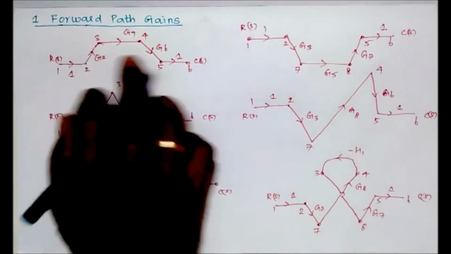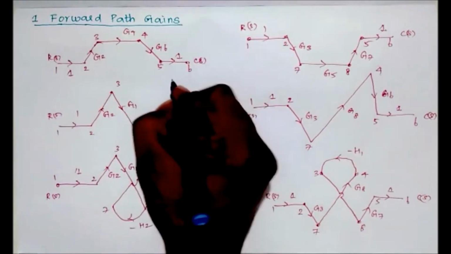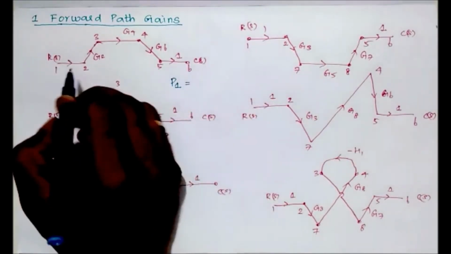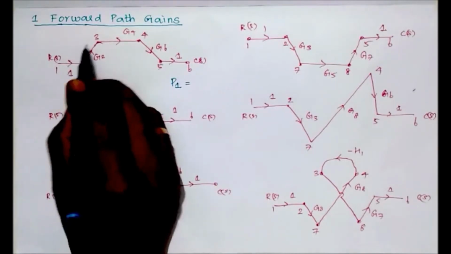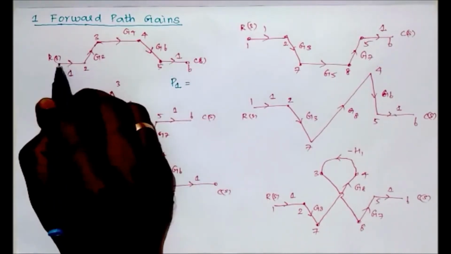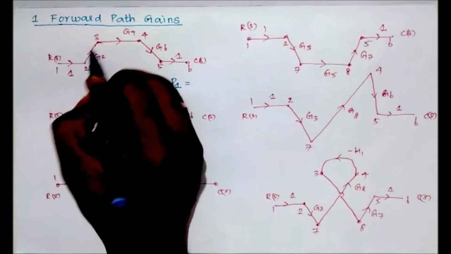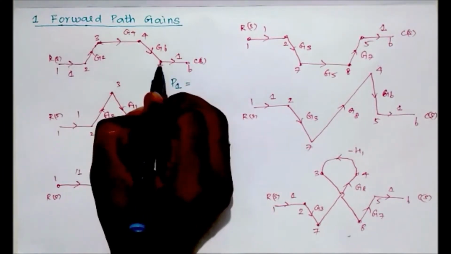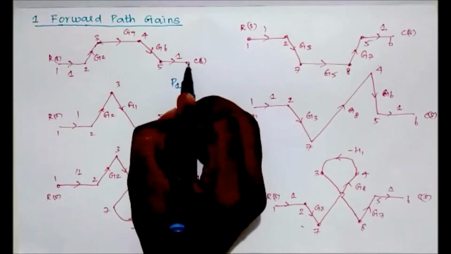Now the gain of the first forward path: P1, its gain value is the multiplication of all gains. From 1 to 2 the gain is 1, 2 to 3 the gain is G2, 3 to 4 the gain is G4, 4 to 5 the gain is G6, 5 to 6 the gain is 1.